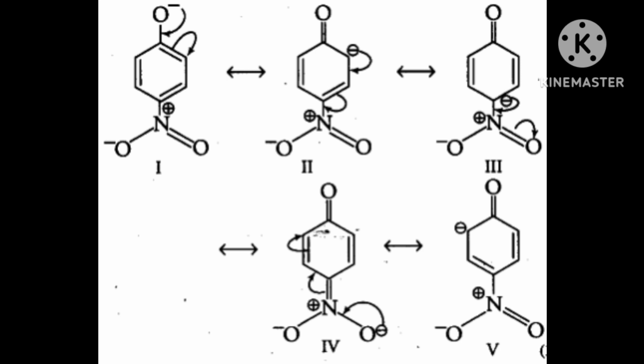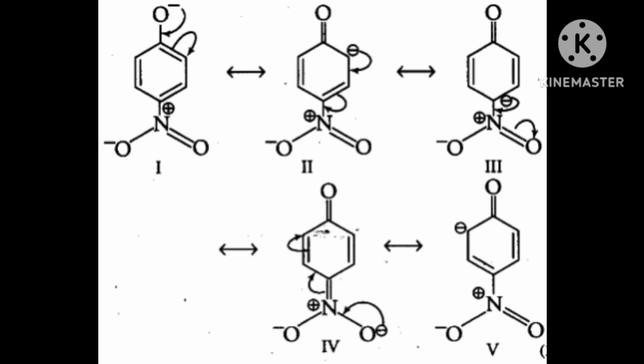Now the main thing I want to tell you: the carboxylic group COOH has the structure of C double bond O. One oxygen is attached with a double bond to carbon, and the other O is attached to carbon with a single bond, and H is attached to that oxygen with a single bond.